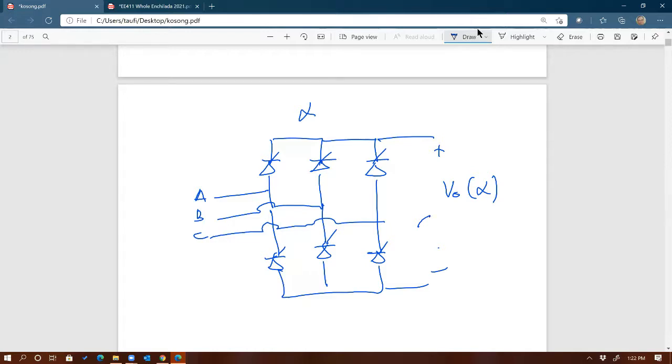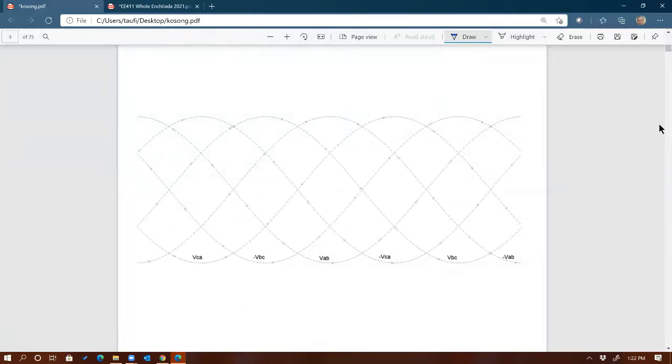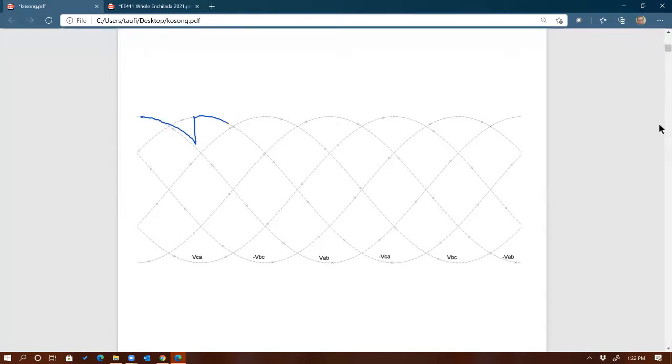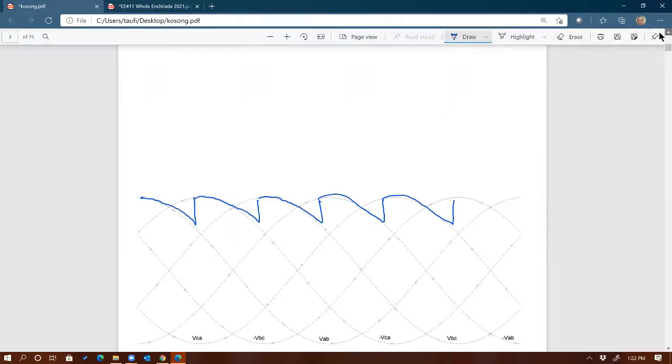I think I still have it here. Yes, right there. Remember this waveform? You probably don't miss this waveform at all. Remember, by applying alpha, you get this kind of waveform, for different alpha. That happens if alpha is fixed.